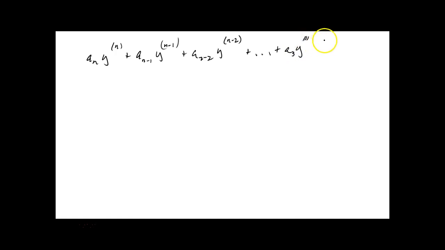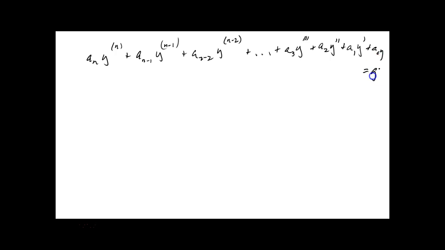It's much like what we've been dealing with. a sub n times the nth derivative of y, plus a sub n minus 1 times the n minus first derivative of y, plus a sub n minus 2 times the n minus second derivative of y, plus ... down to including a sub 3 y triple prime, plus a sub 2 y double prime, plus a sub 1 y prime, plus a sub 0 y. Okay, that looks like what we did last time.